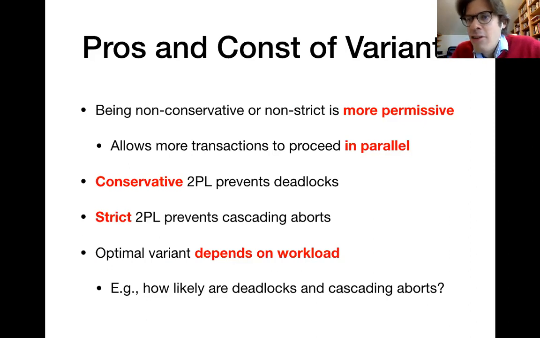So especially in scenarios where it is quite likely that transactions abort, it can be helpful to have something which essentially localizes the abort and avoids the chains of transactions that all have to abort because some initial transaction that they have directly or indirectly read from had to be aborted. So in general, you cannot say that one of them is better than the other one. It always depends on the specific workload, which of them works best.